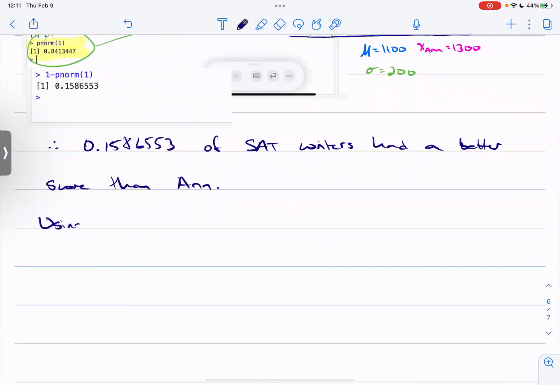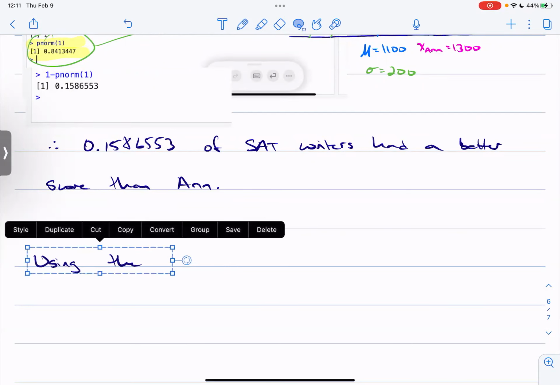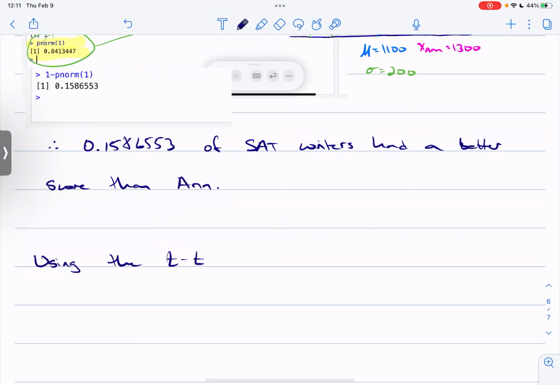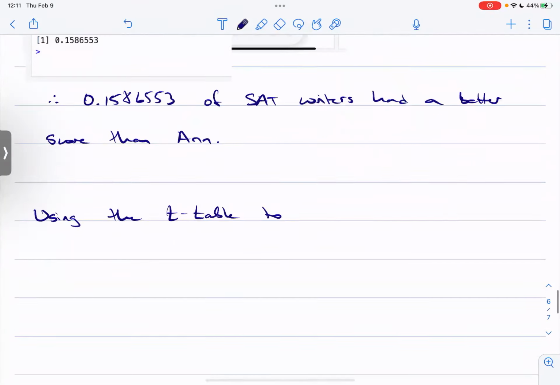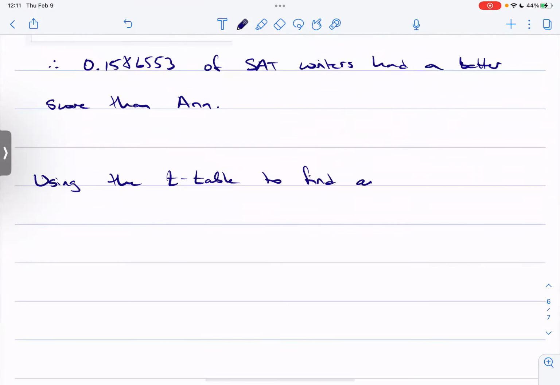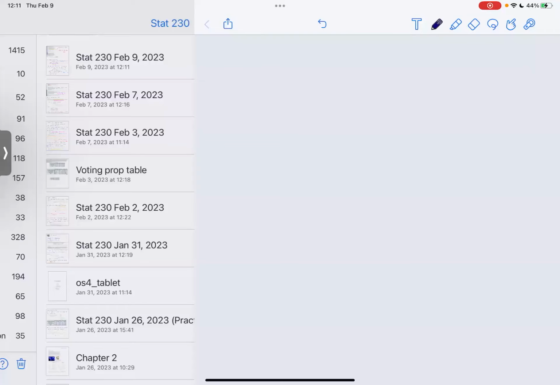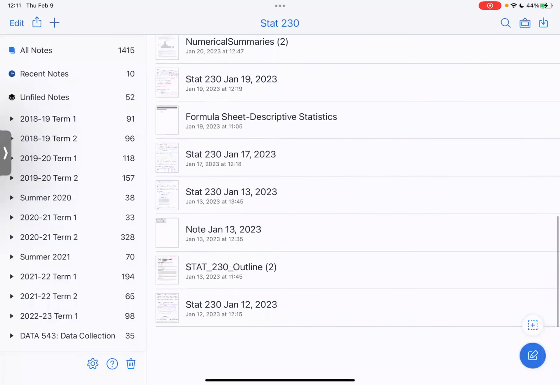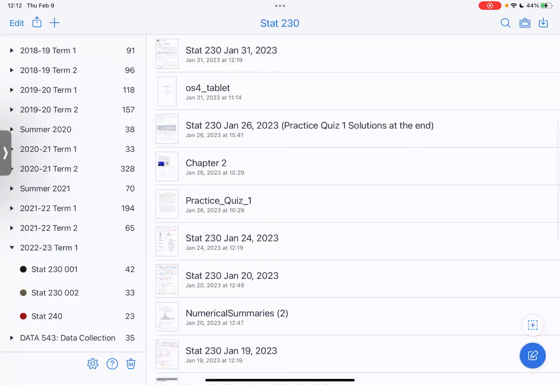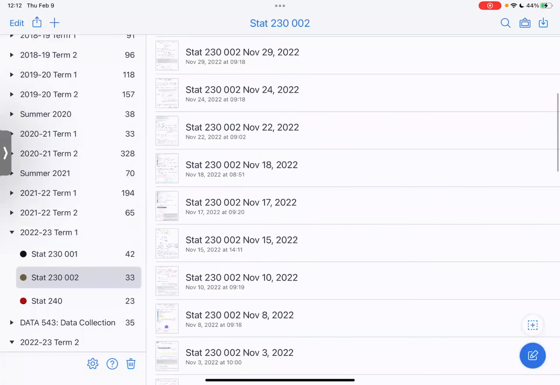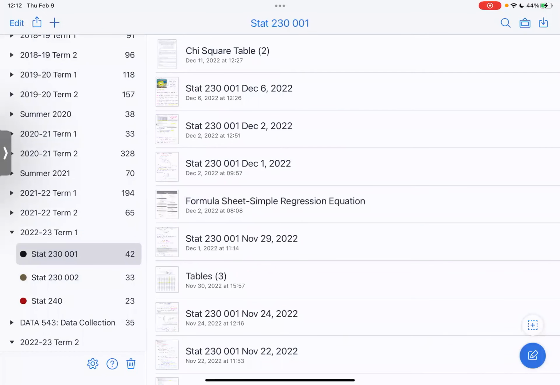Now using the t-table instead, because I do want to introduce it today, to find approximate proportions, probability. First, let's bring in that t-table.